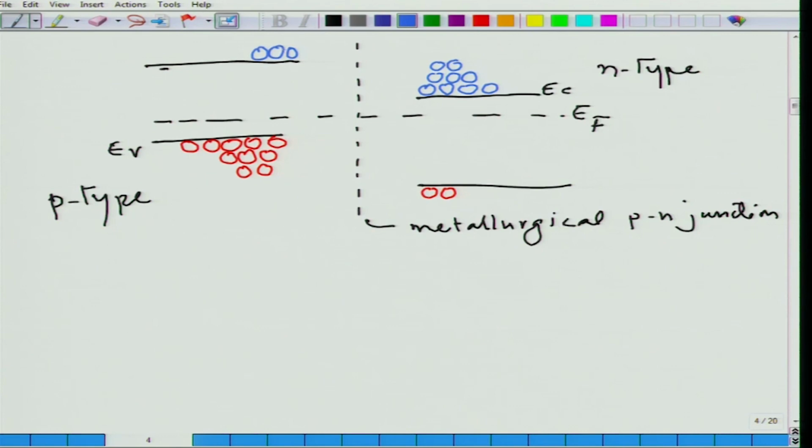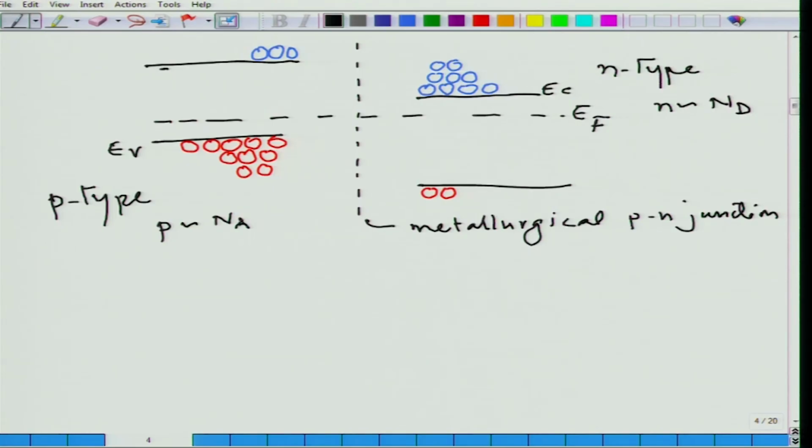We already know from our statistics of carriers that in this case we have assumed n to be approximately equal to the donor concentration. We have assumed p to be approximately equal to the acceptor concentration.